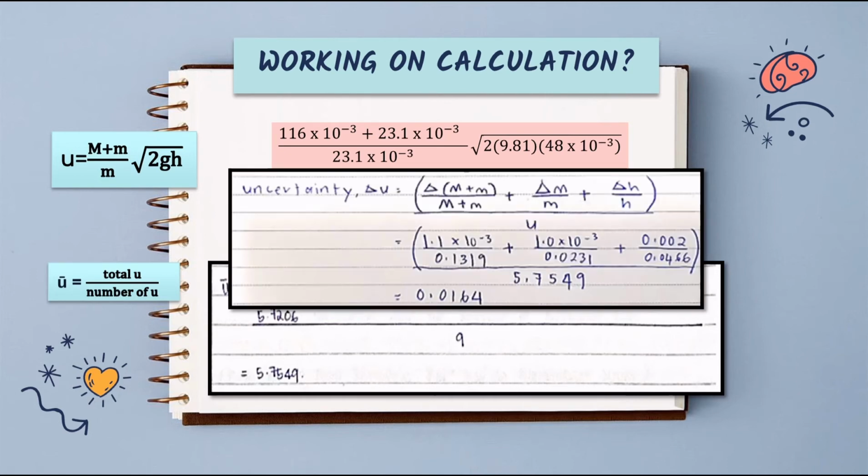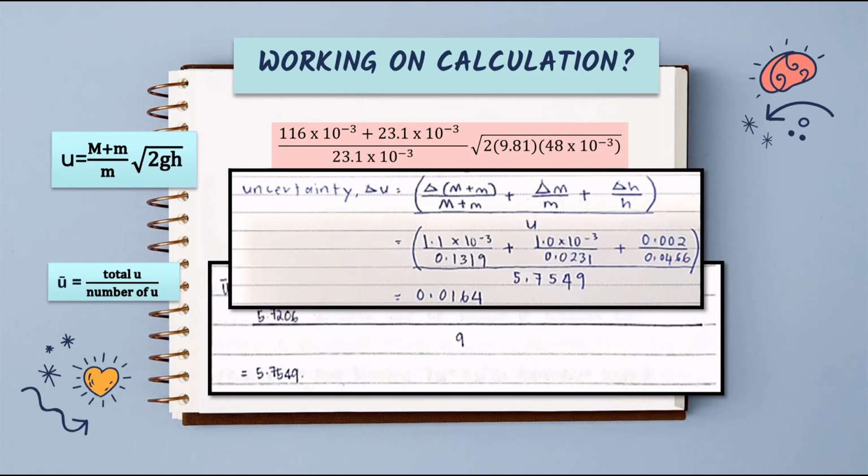After we got the average U, we can calculate the uncertainty using this formula. Uncertainty: the sum of the mass of the pendulum and the mass of the metal ball, divided by the sum of the mass of the pendulum and the mass of the metal ball, plus the uncertainty of the mass of the metal ball divided by the mass of the metal ball, plus the uncertainty of the height divided by the height.